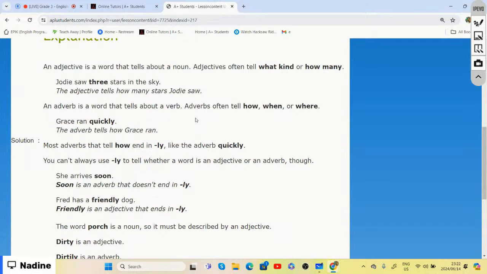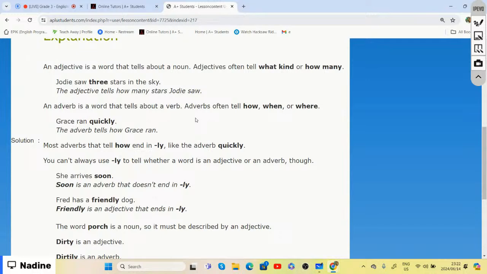And we see that not all of our adverbs end with ly. For example, she arrives soon. So soon is our adverb. It doesn't end in ly. And then another one says Fred has a friendly dog.